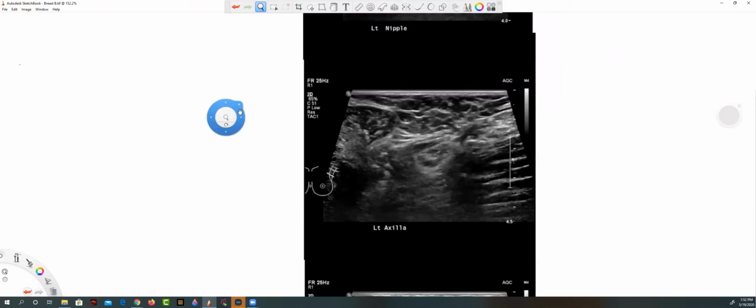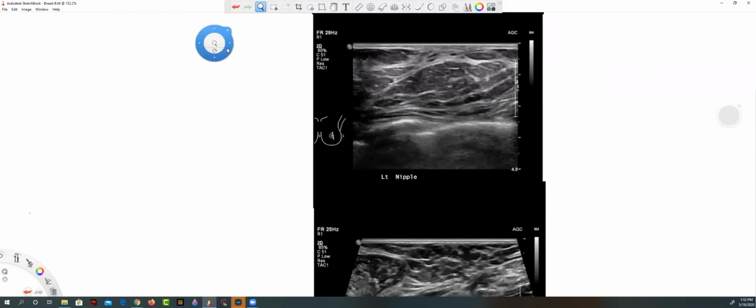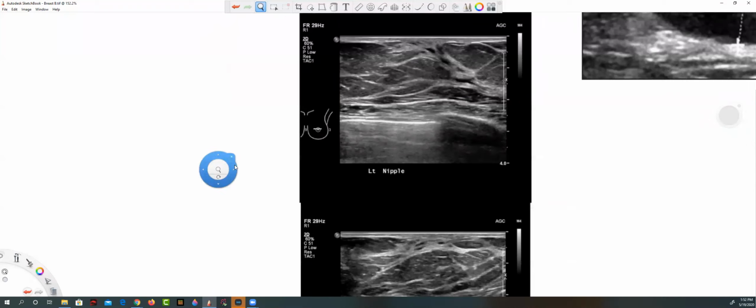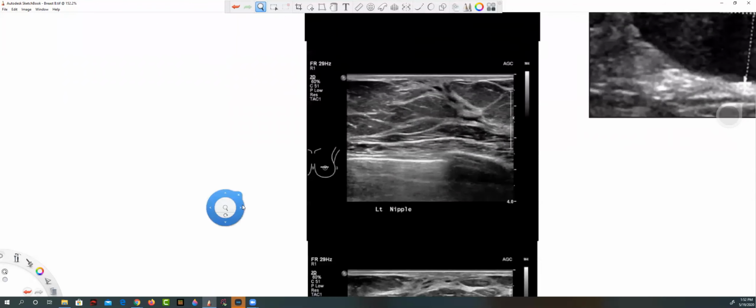Axilla. So, actually, like I said, they're like snowflakes. Everyone is different. This person's nipple is either they're right off the edge of it, or it's so pliable and soft that it's just being squeezed out and we can't even see it.